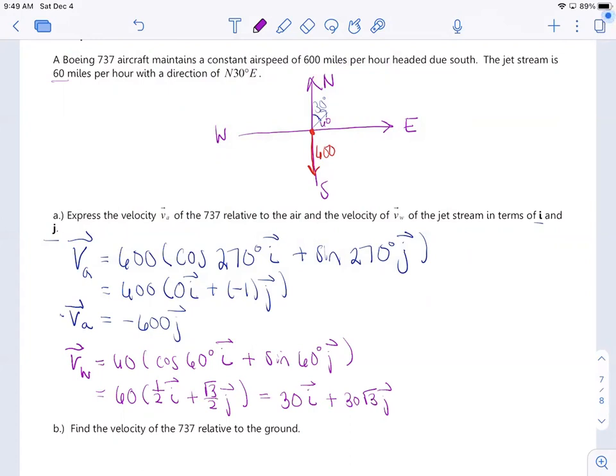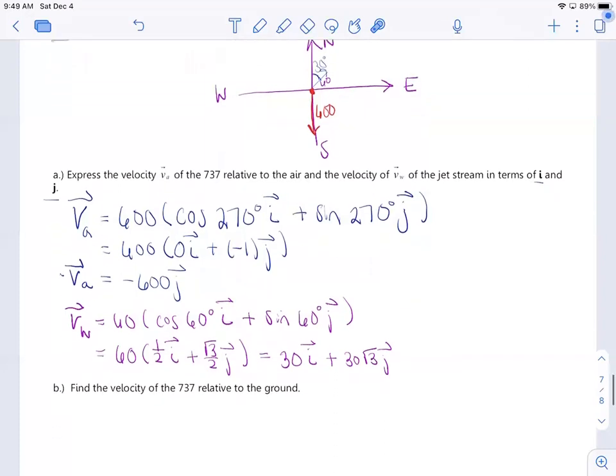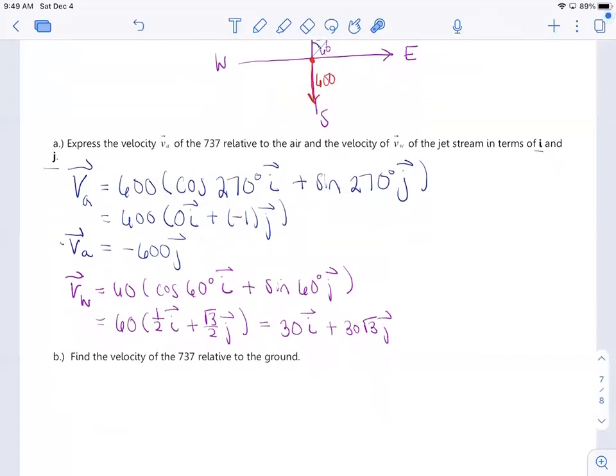All right, so what we just did is we figured out trig form of this vector and of this vector. Well, now we want to find the velocity of the aircraft relative to the ground. What that means is we want to find how fast this is going with this jet stream acting on it.